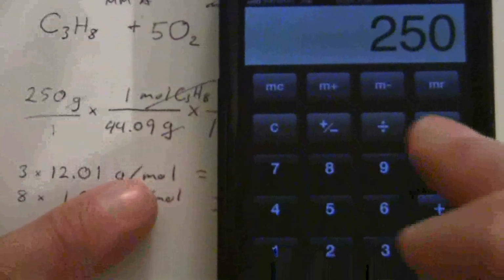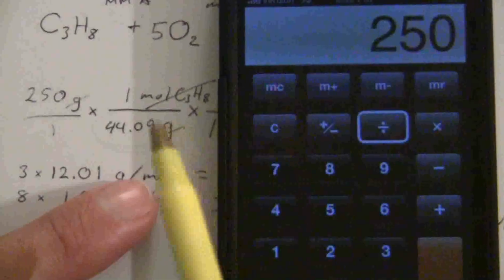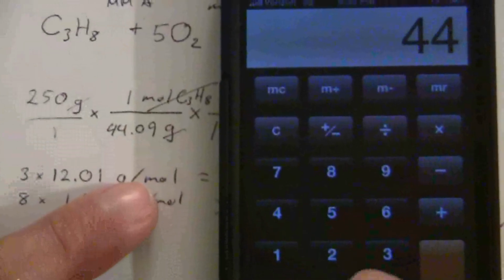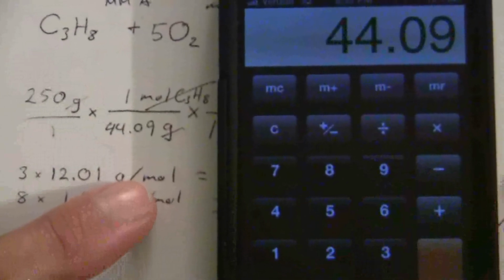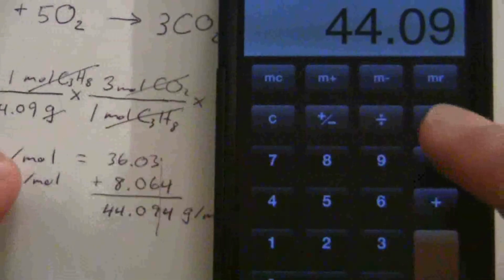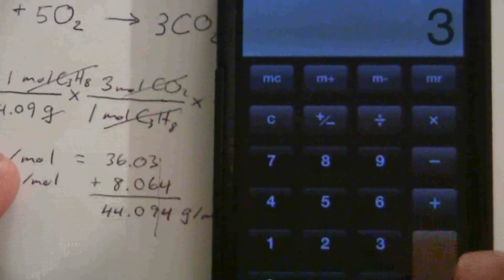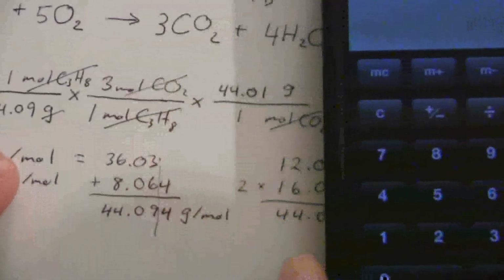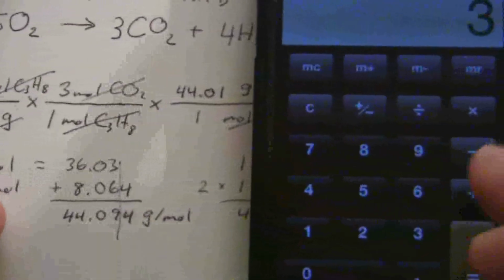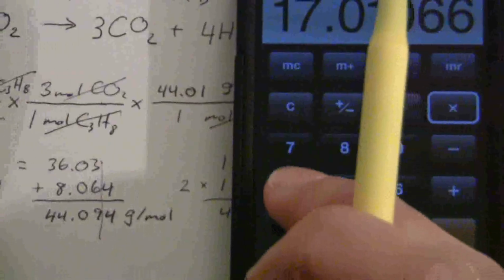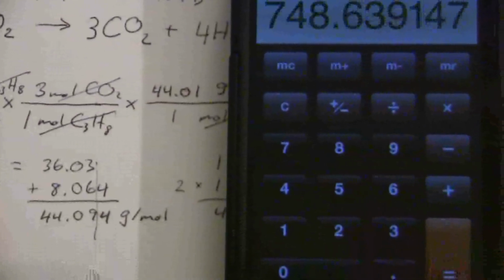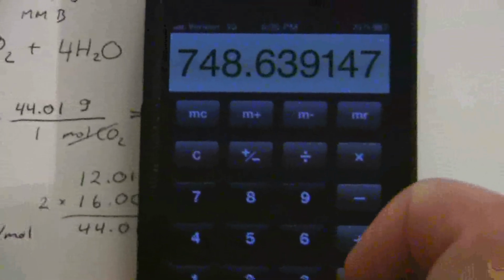We divide by anything that's on the bottom, divided by 44.09, and then times 3, and divided by 1 times 44.01. So times 44.01, and what do we get at the end of this?